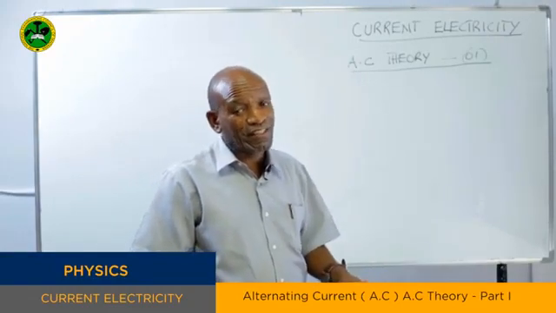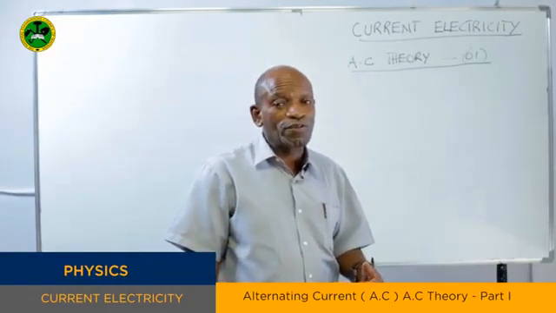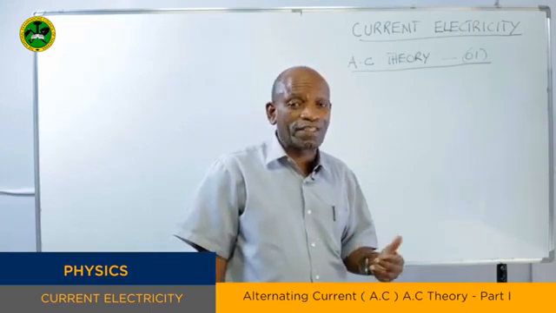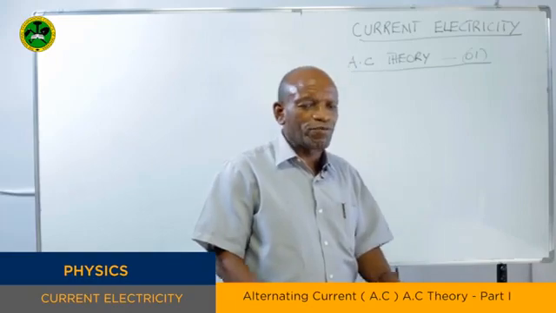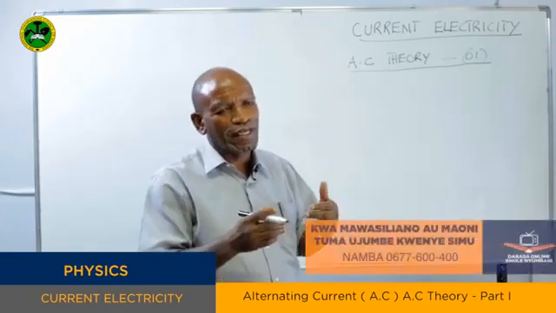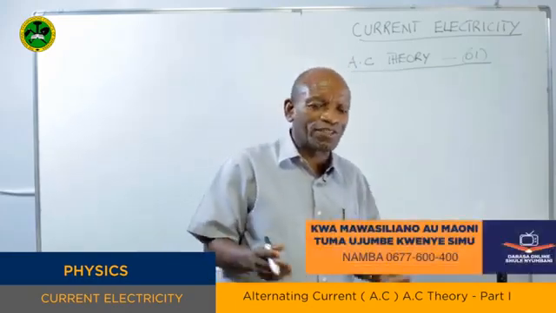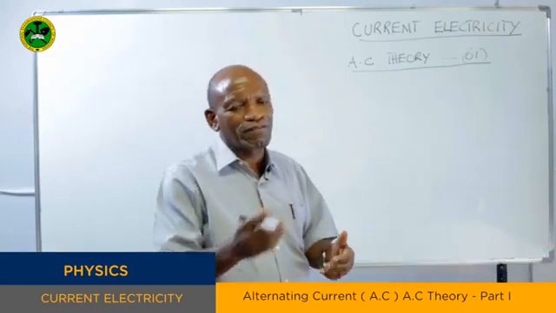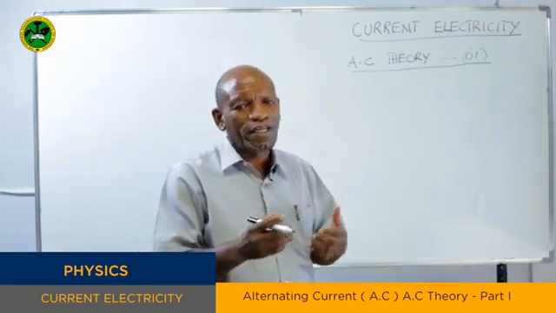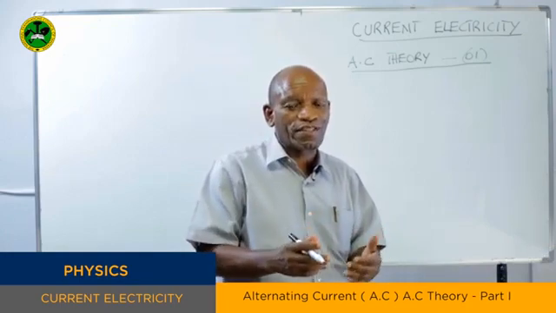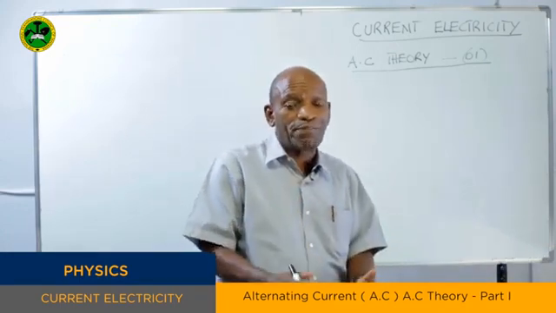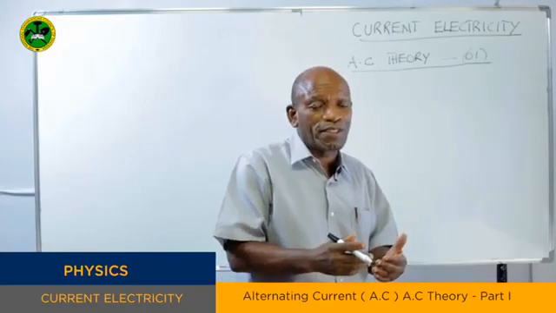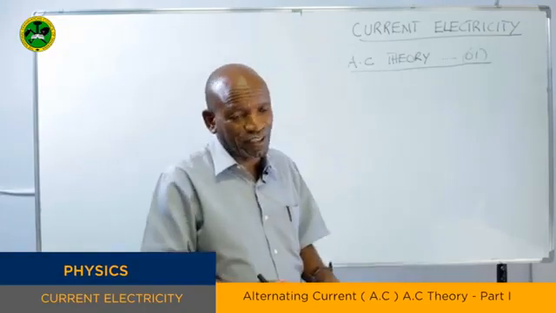An alternating current is so popular because it can be easily converted from one voltage to another voltage. For example, if it's being used in an electrical system like a radio, TV, or whatever, there are several devices within such a system, of which some particular parts might need a current of a certain voltage.